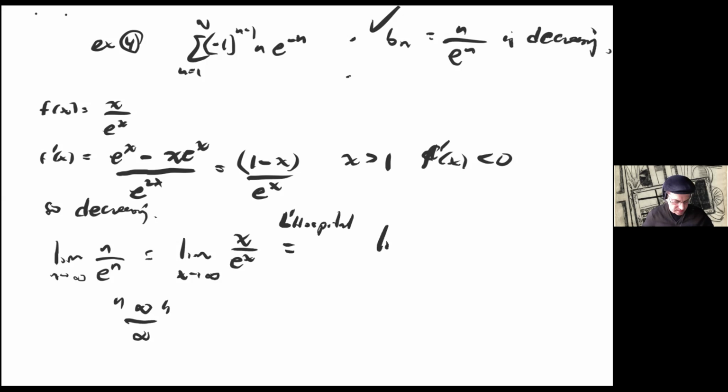That tells us this limit is the limit as x goes to infinity of the derivative of x, which is 1, over the derivative of e^x, which is e^x. So now as x goes to infinity, the denominator blows up, so the reciprocal, 1 over e^x, goes to 0. So therefore, the limit as n goes to infinity of b sub n is equal to 0, so that checks.